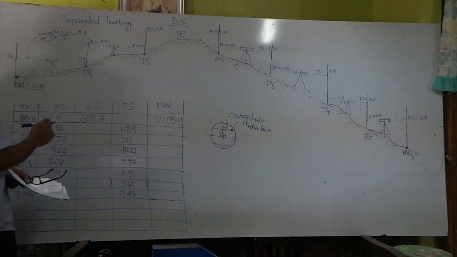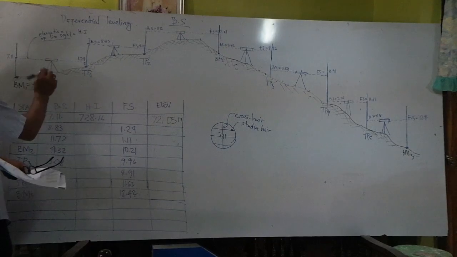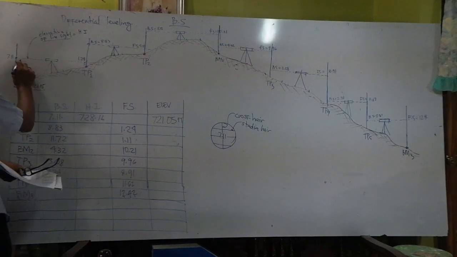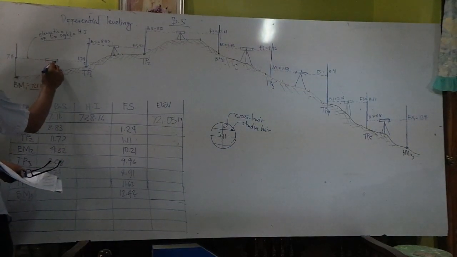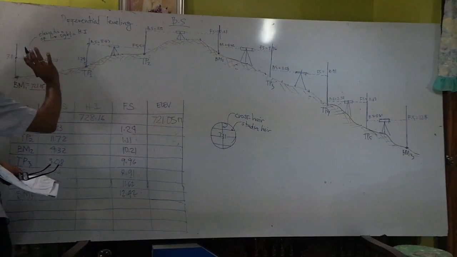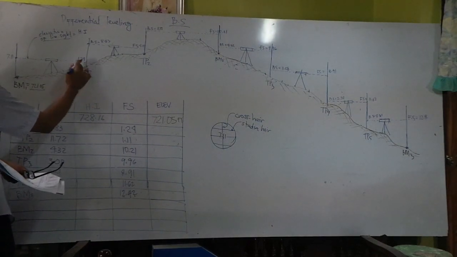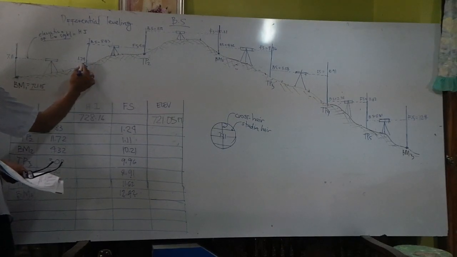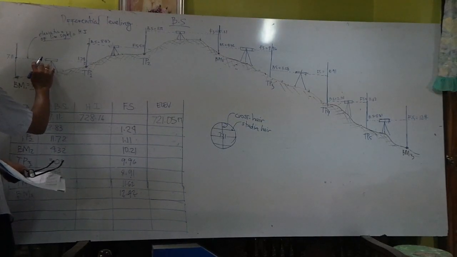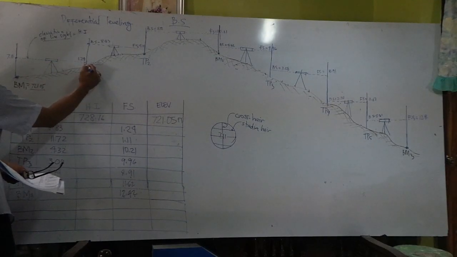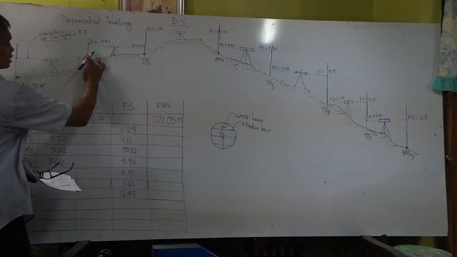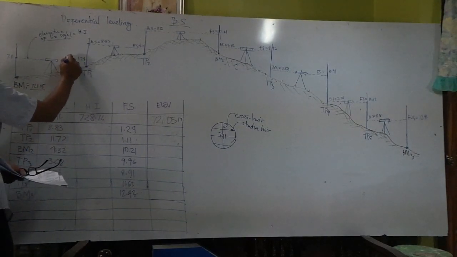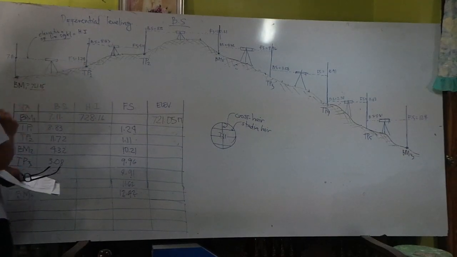To determine the elevation of turning point 1, you just deduct from the height of the instrument this distance, which is the foresight.